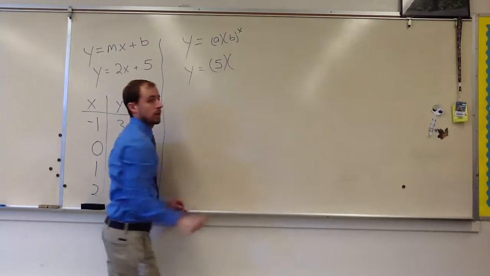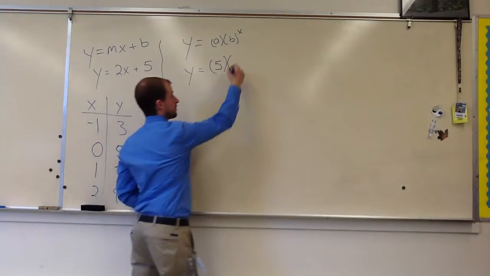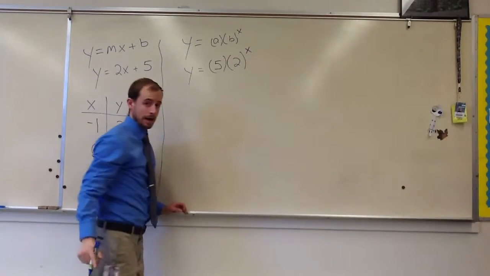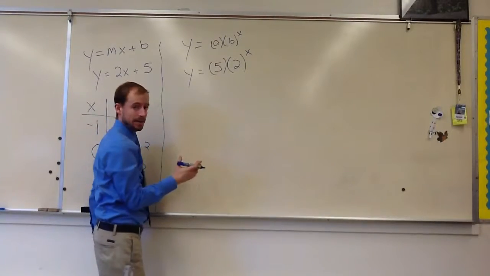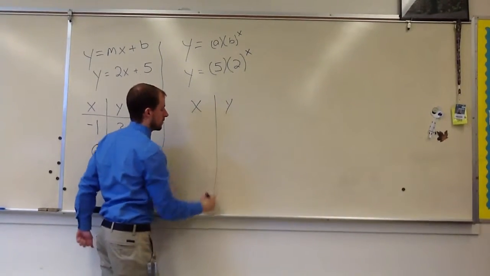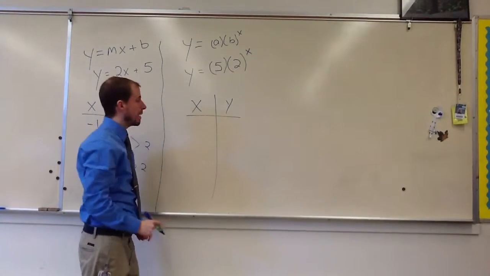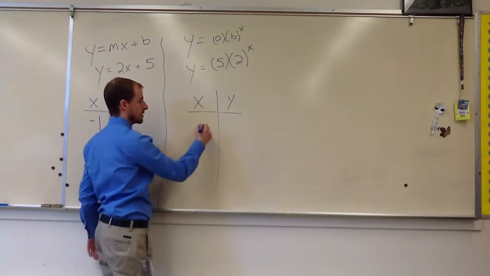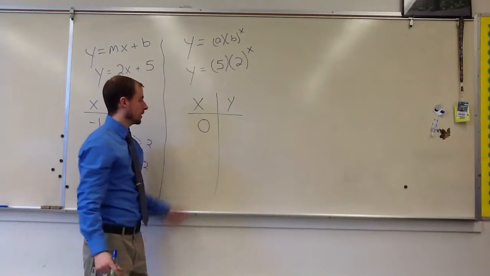And then this is kind of like our growth rate. Let's say it's 2 to the power of x. Again, I can look at a table of values. So what happens when, to keep it simple, I start when x is 0? When x is 0, what is y?